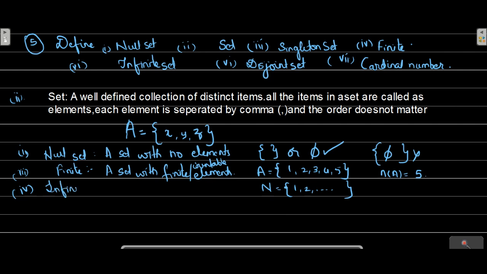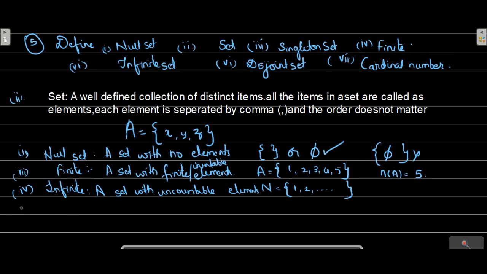Infinite sets are the sets in which we cannot count, a set with uncountable elements, like the set of natural numbers, the set of whole numbers, the set of real numbers.